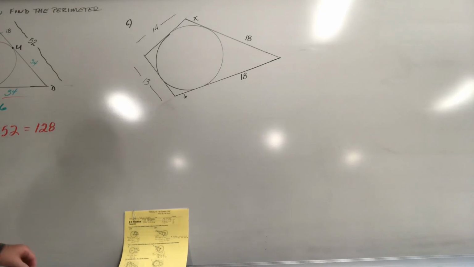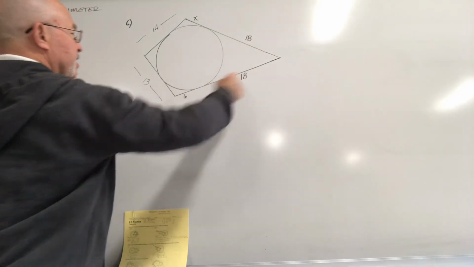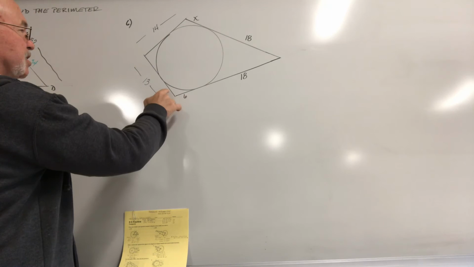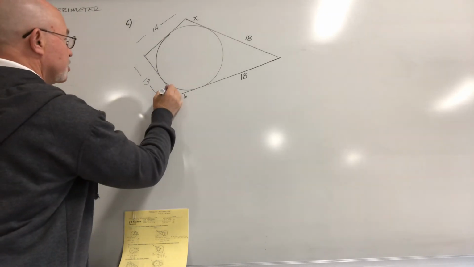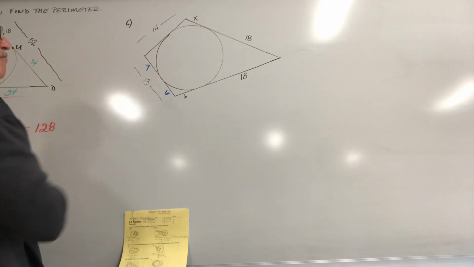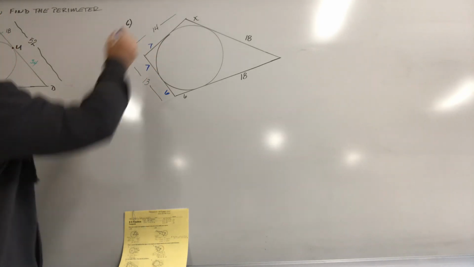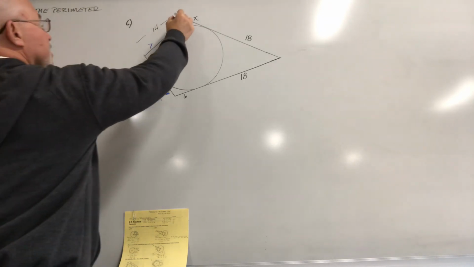Next one, it looks a little funky, but here we go. Once again, find x. Well, this is 18, this is 18, this is 6, this is 6, which means 13 minus 6 is 7. If this is 7, this is 7, 14 minus 7 is 7.